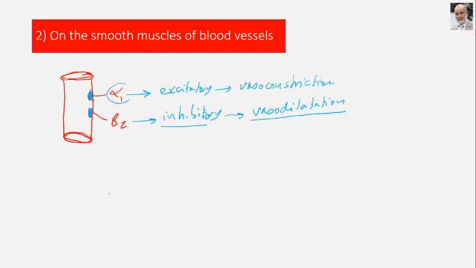Alpha-1 receptors are mostly present in the skin and the viscera, the internal organs, while beta-2 receptors are present in the liver and the skeletal muscle.